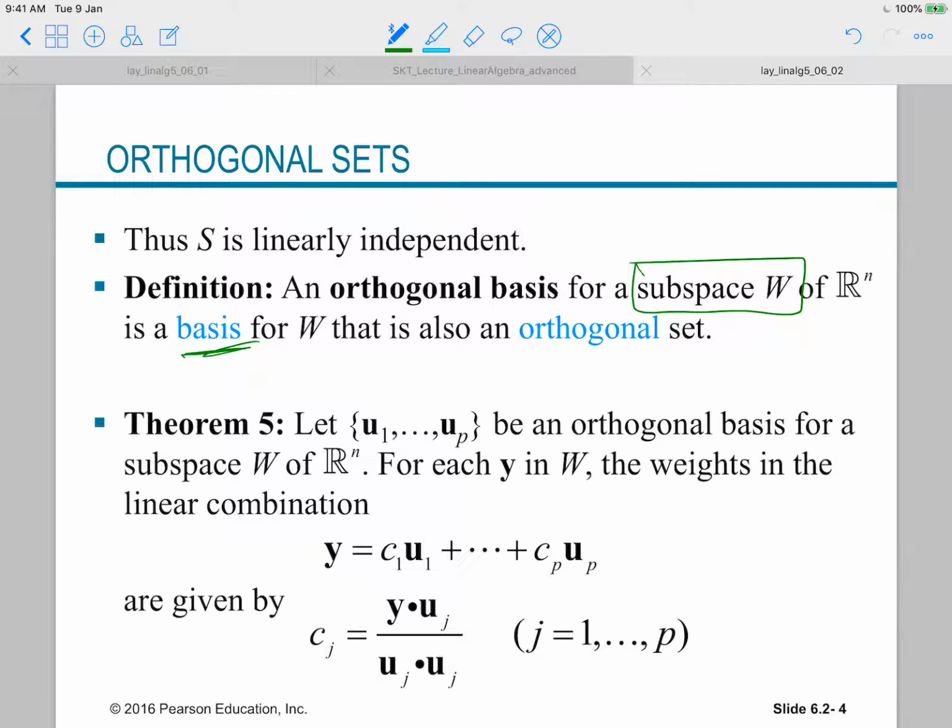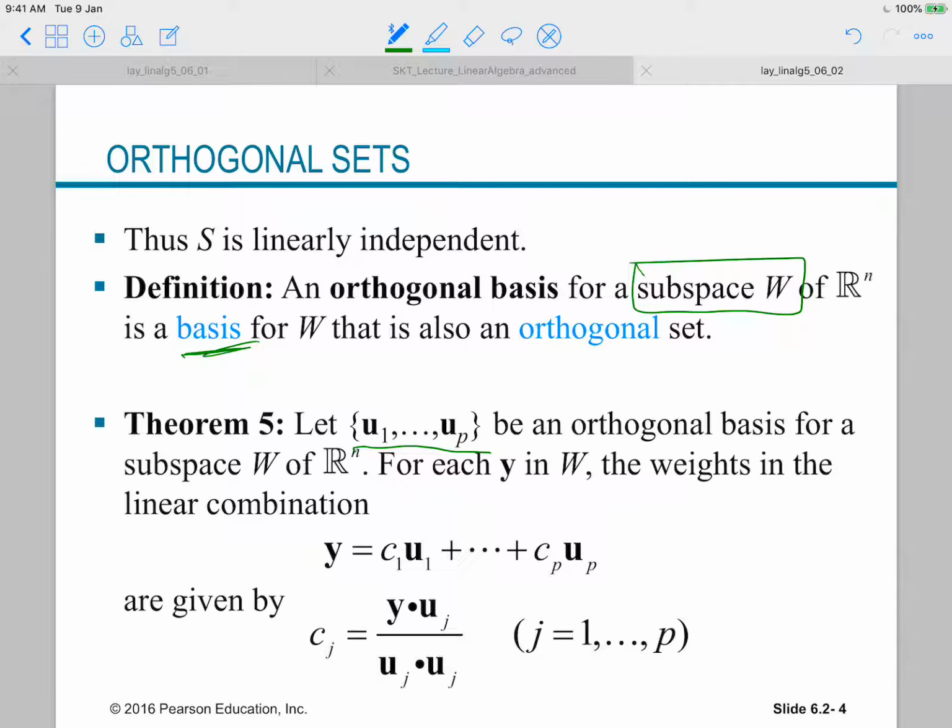So in this case of having an orthogonal basis, it makes our lives much easier. In what sense does it make it easy? Let me show how.